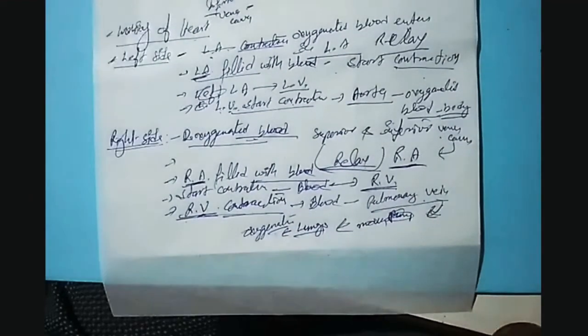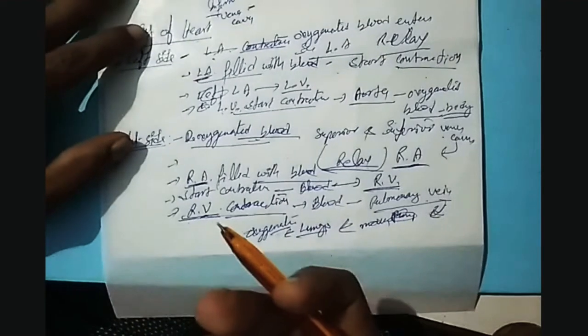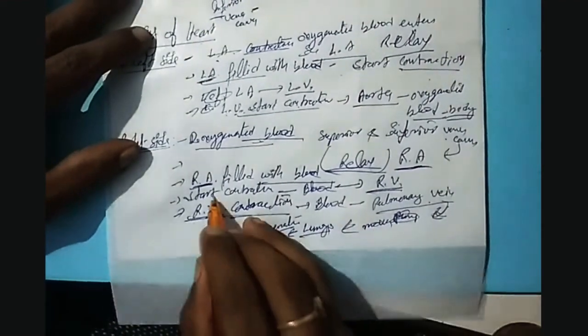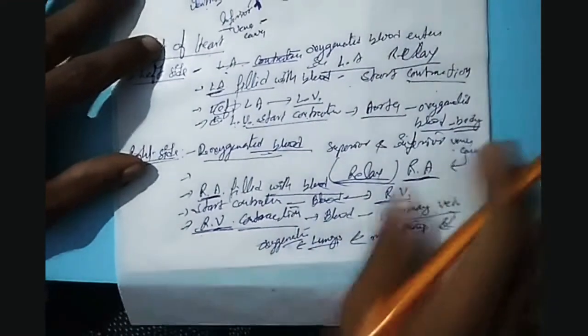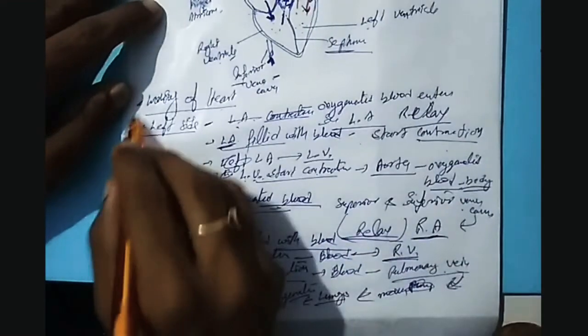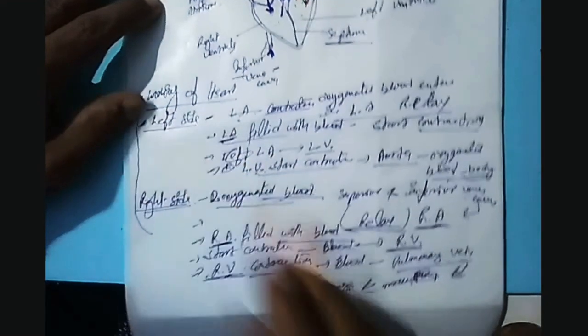In the lungs, the deoxygenated blood is again oxygenated. So this is the working of the human heart.